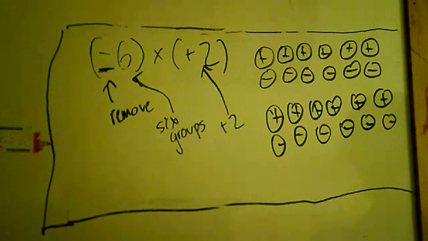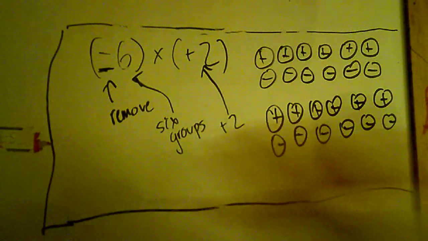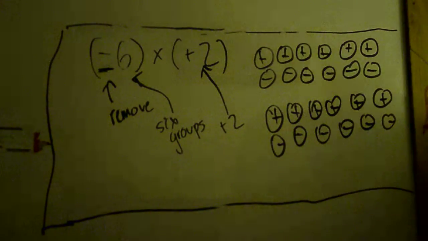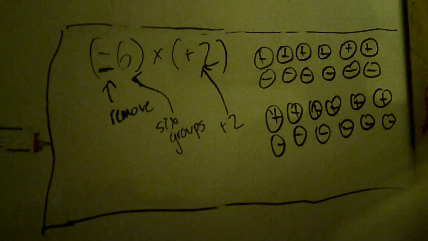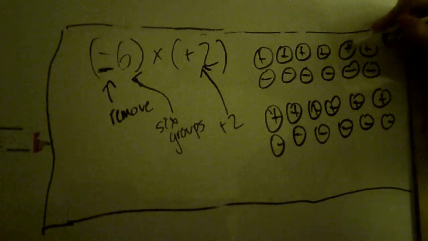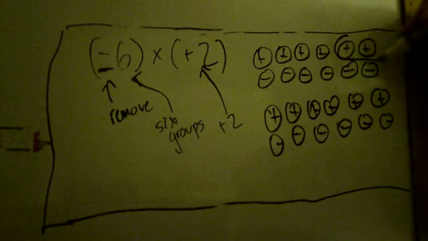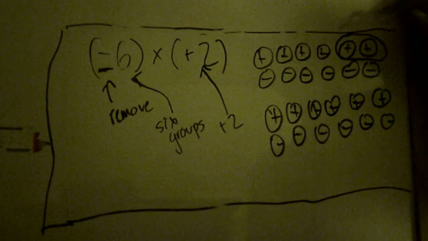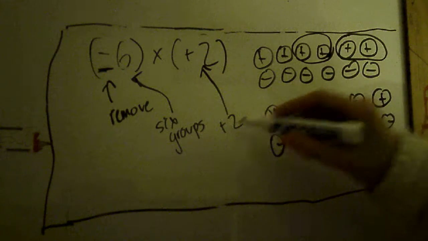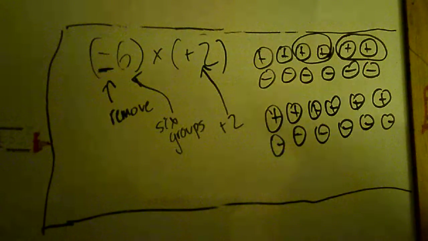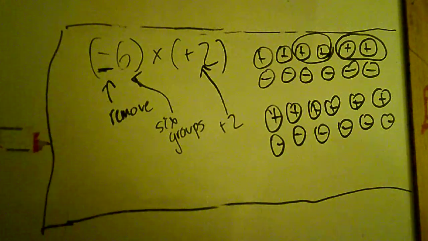Okay, so we need to remove 6 groups of positive 2. So in order to do that, positive 2, so we count up 1, 2. That's positive 2. So we circle it. Then we need another group. 1, 2. Circle it again. Because remember, it's positive and we need 2 of them. Hopefully that makes sense so far.